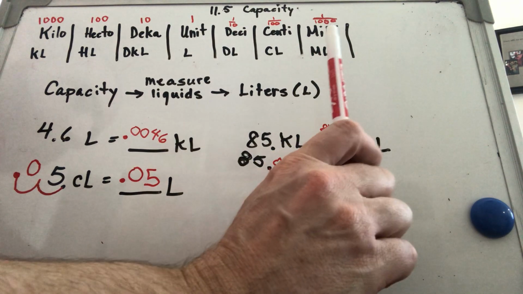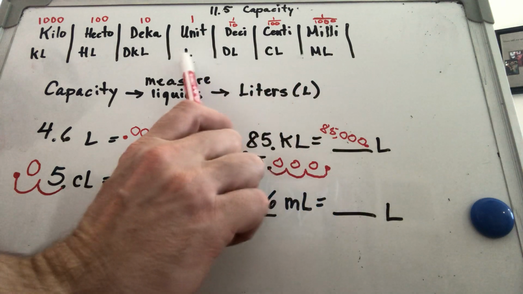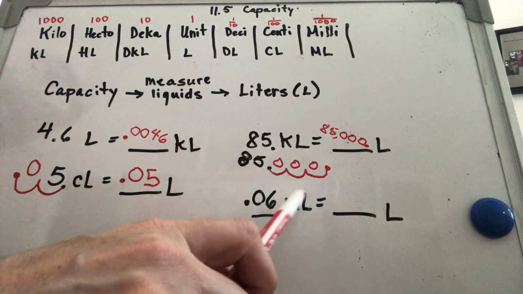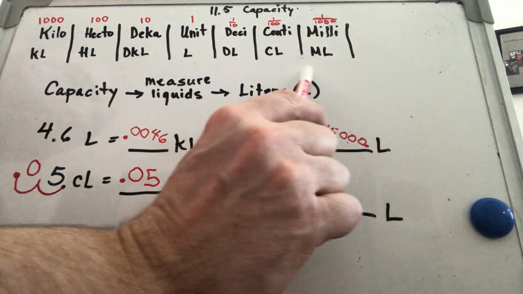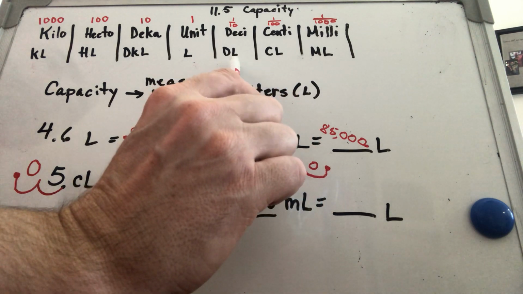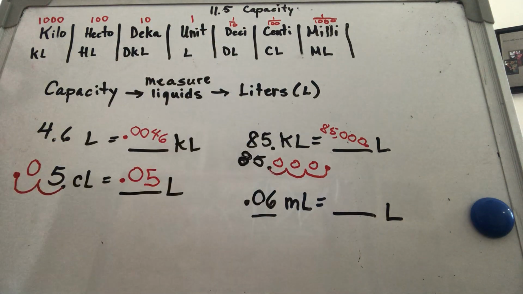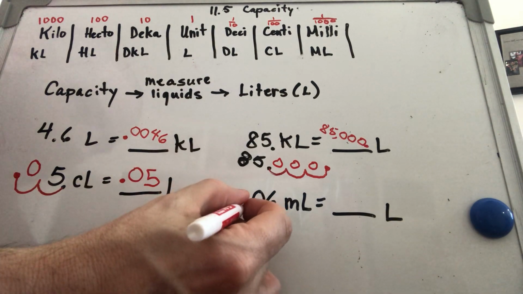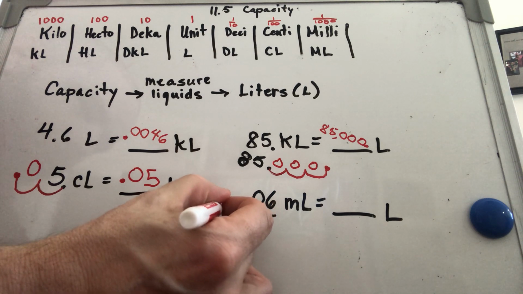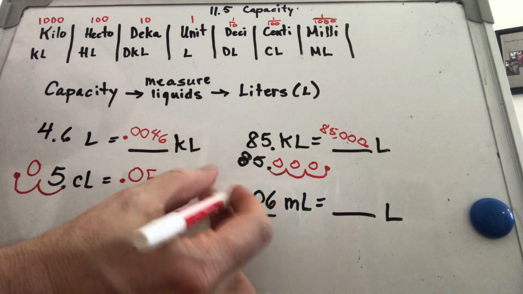Well, now I'm trying to turn milliliters into liters. So I have to look up. Here's milliliters. And I have to come all the way over to liters. So I have to ask myself, how do I get there? 1 hop to the left. 2 hops to the left. 3 hops to the left. I'm going to do that with my decimal. 1 hop to the left. 2 hops to the left. 3 hops to the left.